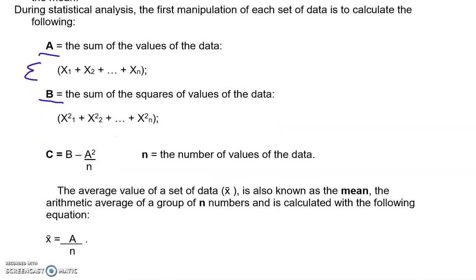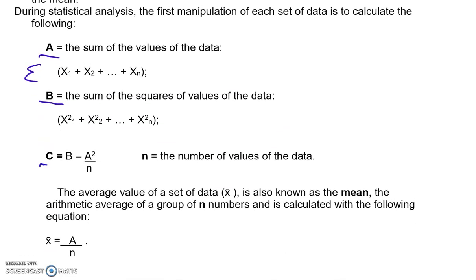And then C, this number here, can be calculated by comparing basically the sum of the squares to the square of the sum of the data. That sounds kind of funny, but that's what it is. B, remember, is the sum of the squares, and A is the sum of the values.